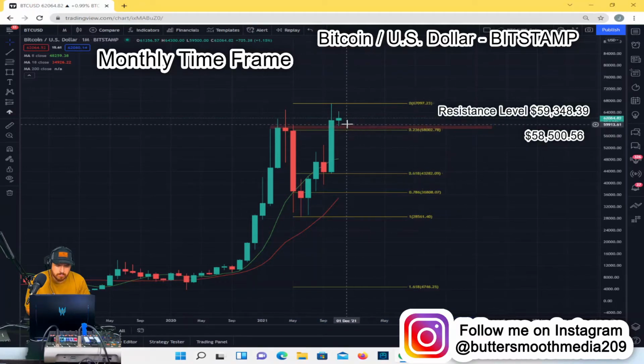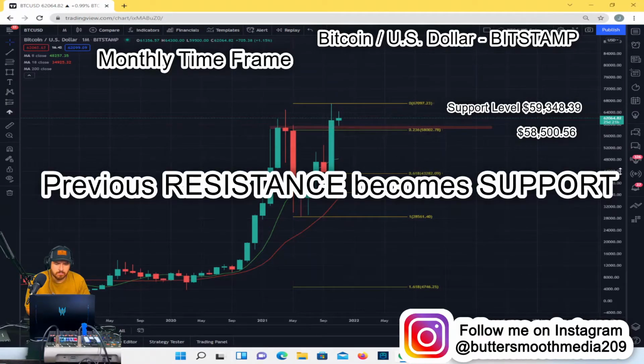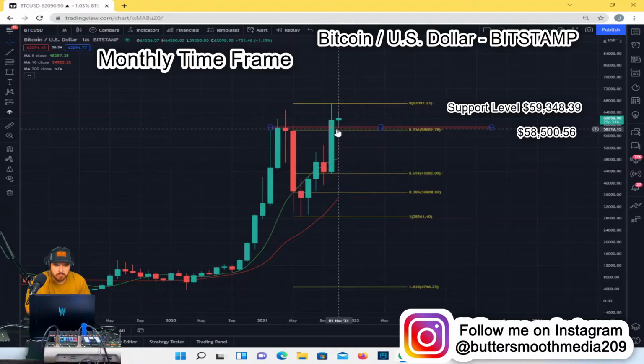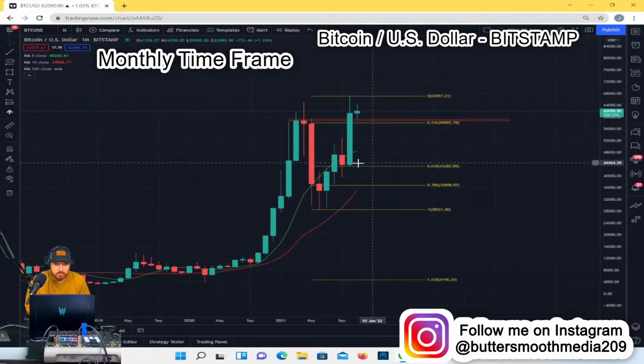From here you can see it previously acted as resistance for one, two, three, four months, where the candle body didn't close above the top portion of resistance, but now it's currently acting as support. That's the biggest thing to know: previous resistance becomes support. That's why we have some support on the current month, which is the very beginning of November.